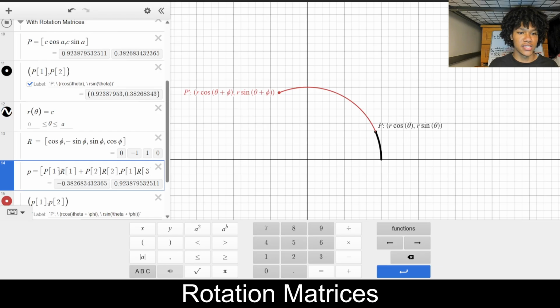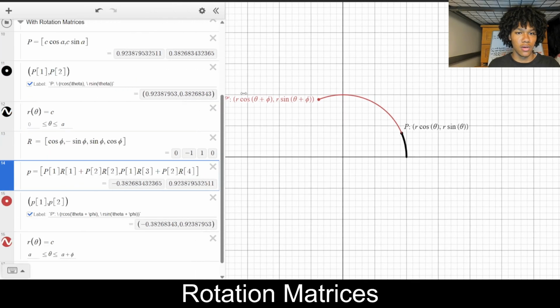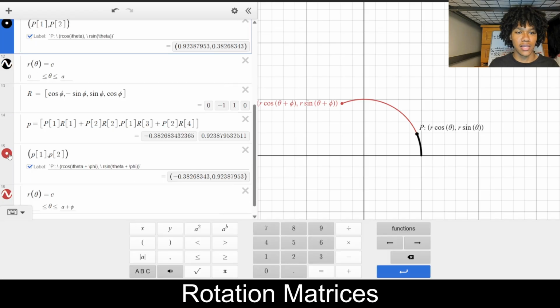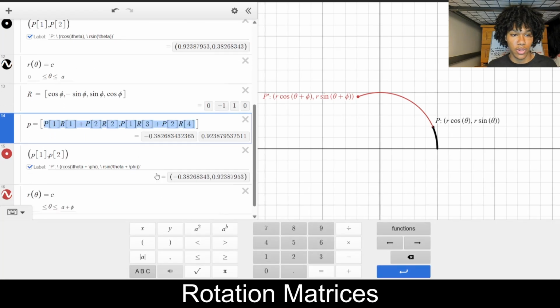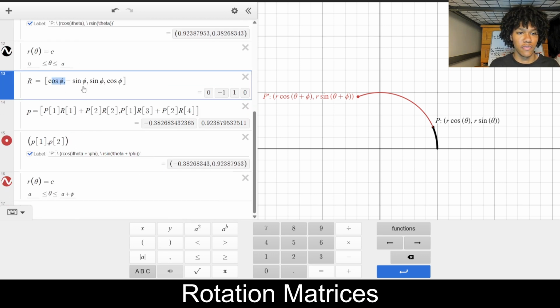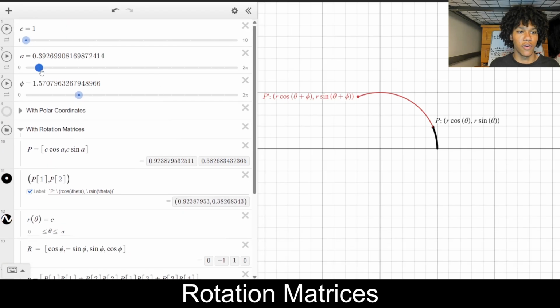And then because Desmos doesn't actually do matrix multiplication, this is just the manual values of the matrix multiplication between R and our original point. And I claim that this matrix representing our resulting point is going to be a rotation of our angle phi from theta. So to prove that, I'm just going to move our angles.